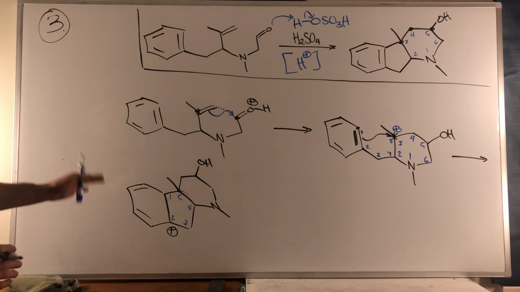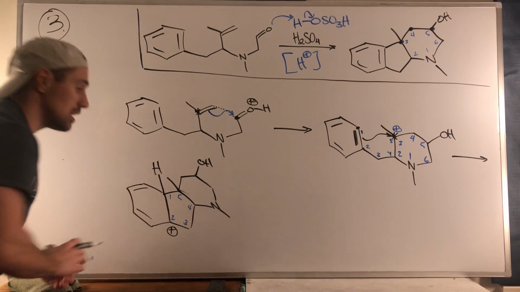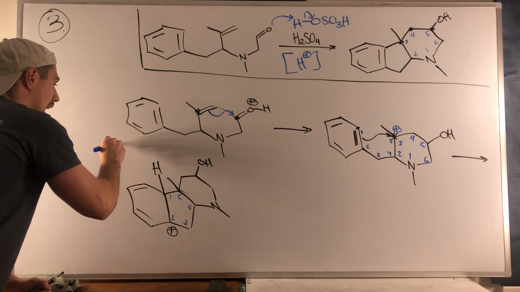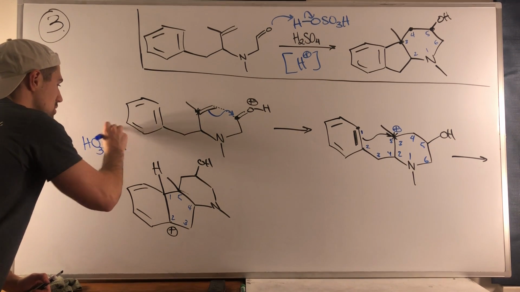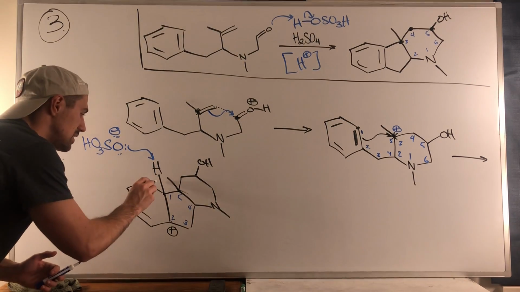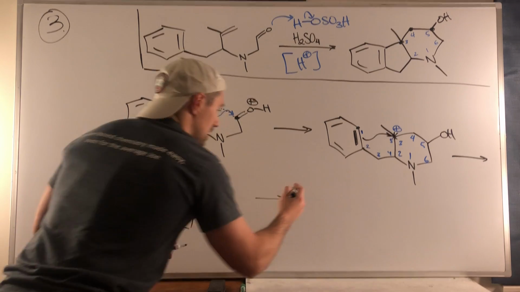Okay? So all we need to do now is, there's a hydrogen here, just like any other EAS mechanism, we need to deprotonate this and regain aromaticity, and the conjugate base of the acid we used at first will help us pick that off. We'll swing these electrons down, regain our aromaticity.